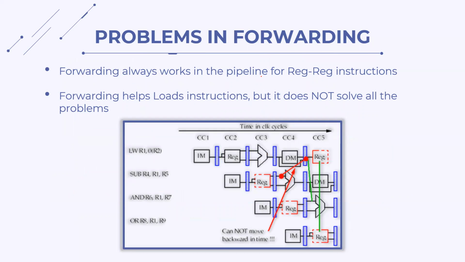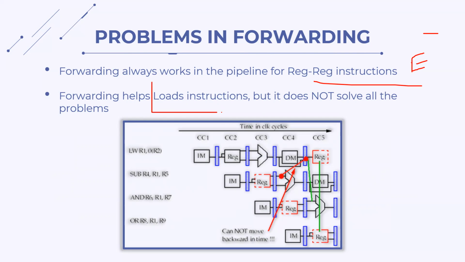No need to give directly from that. Now let's see what problems we face with forwarding. Forwarding works fine for register to register instructions, because those results are produced in the execution stage. But this is not the case for all instructions.